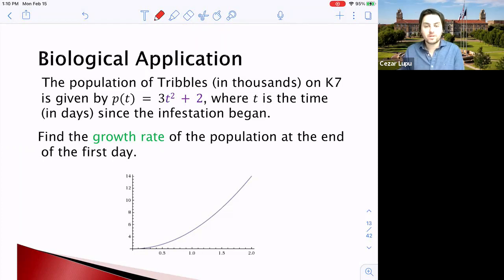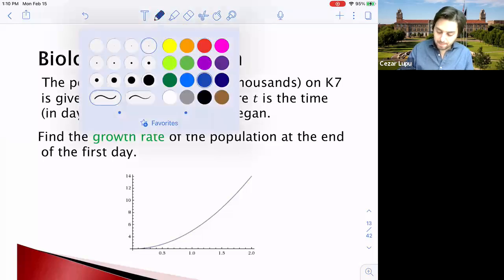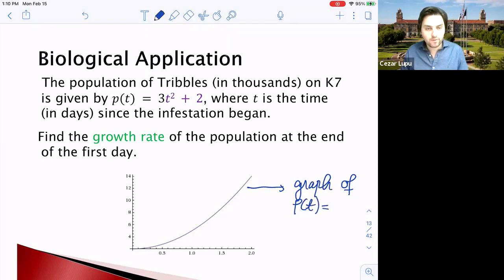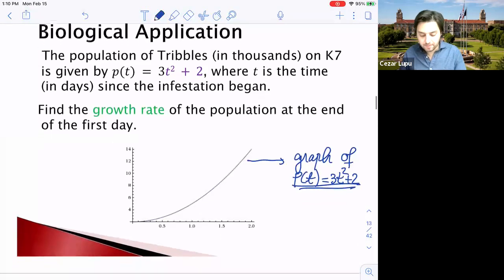First, the growth of the population at the end of the first day looks like this. Wow. Well, it's kind of what you expect. So this is the graph of P of t, the graph of the population function. And let's not forget that the population function is a quadratic function, 3t squared plus 2, right?